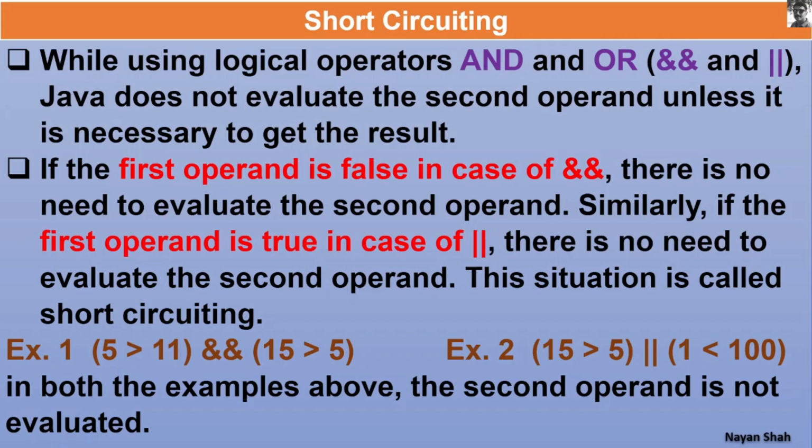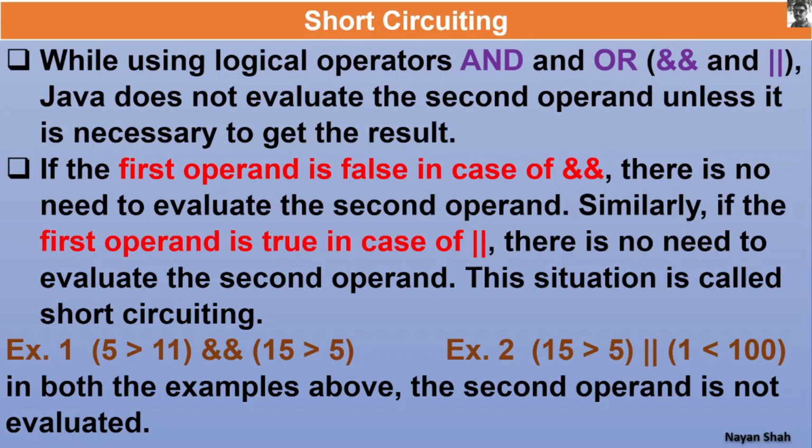For example, 5 greater than 11 and 15 greater than 5. Now 5 greater than 11, the first operand, the first condition itself is false. So there is no need to evaluate 15 greater than 5. Whether it is true or false, the output will be false only.